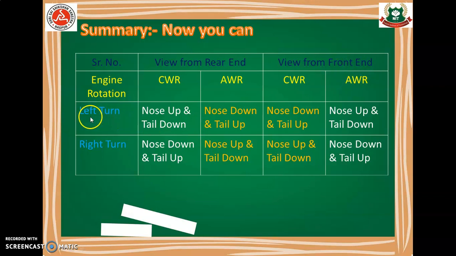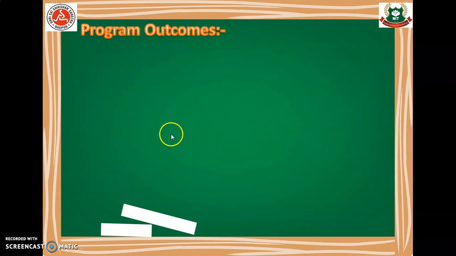Now the plane is going to take a left turn or it may take a right turn. So depending upon the left turn or right turn, your engine rotation and your view, the plane is going to give this effect. So in white color conditions, these two conditions are exactly opposite to each other and these two conditions are exactly opposite to each other.